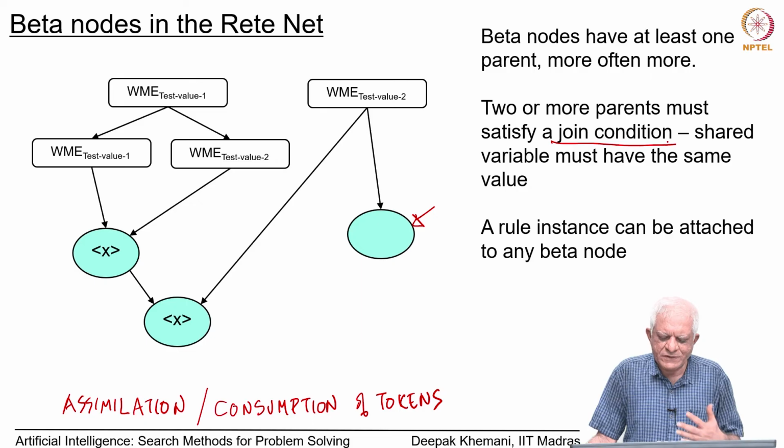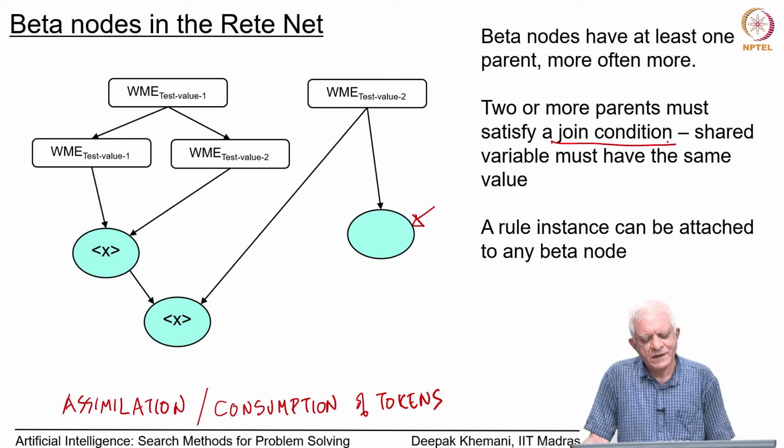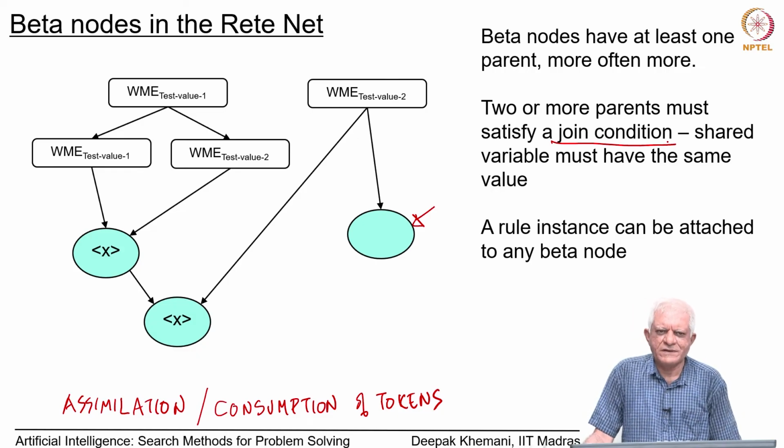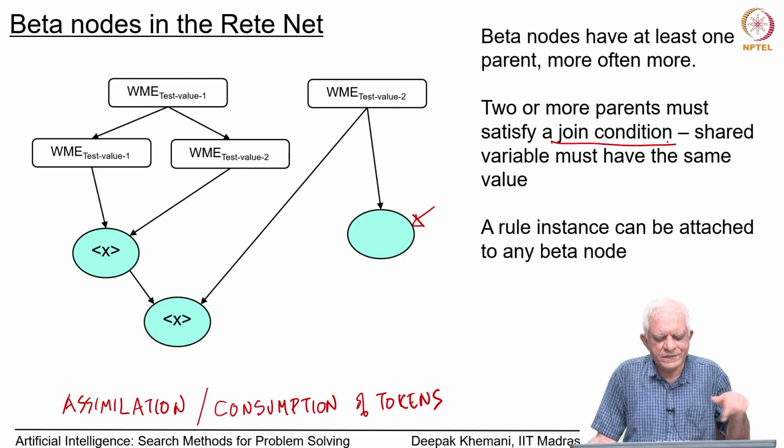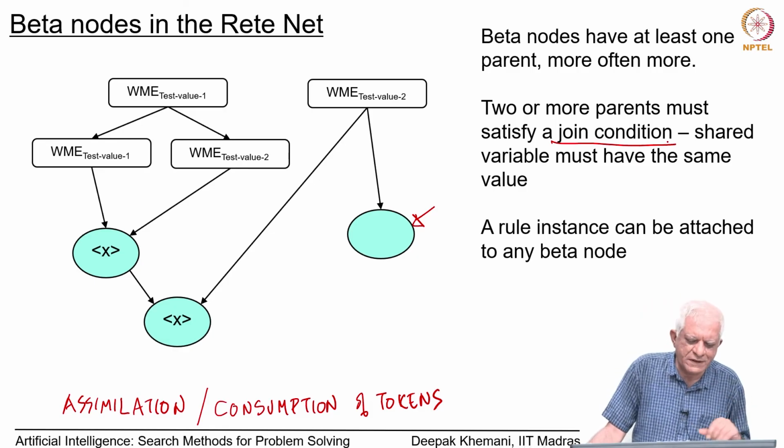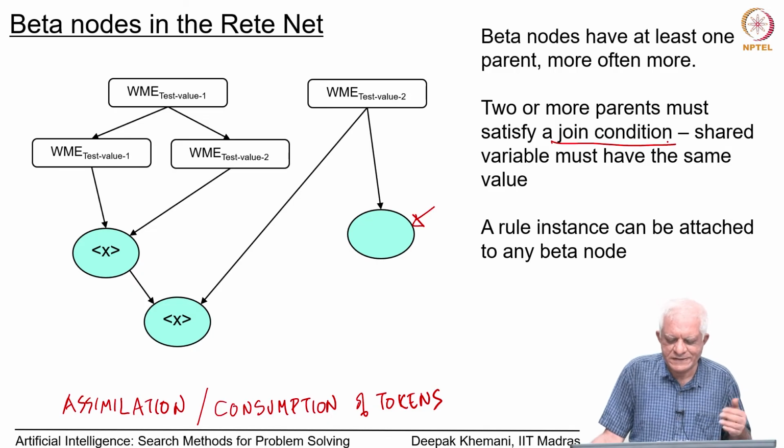Now, rules can be attached to any beta nodes essentially. That's one difference between beta nodes and alpha nodes in this diagram that we have drawn. If a token or a set of tokens reaches some beta node, and if that beta node has a sufficient number of tokens to satisfy a rule, then you can say that the rule is matching essentially.